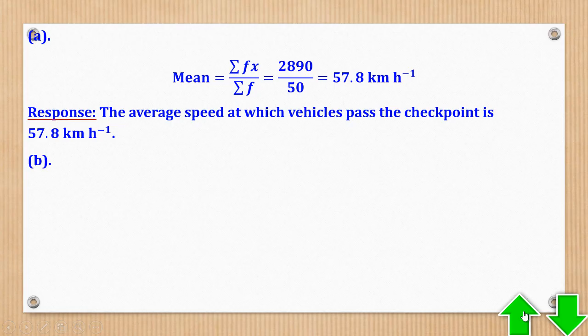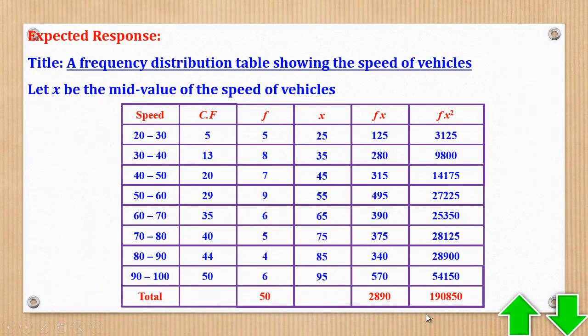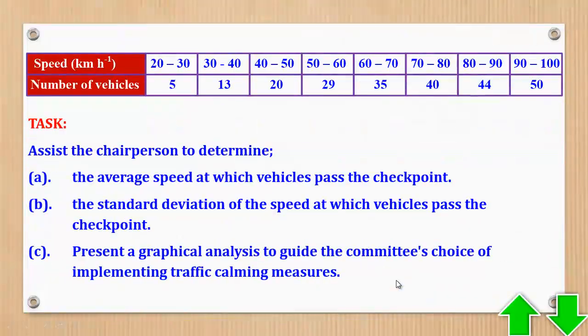Then part B, the standard deviation of the speed at which vehicles pass the checkpoint.